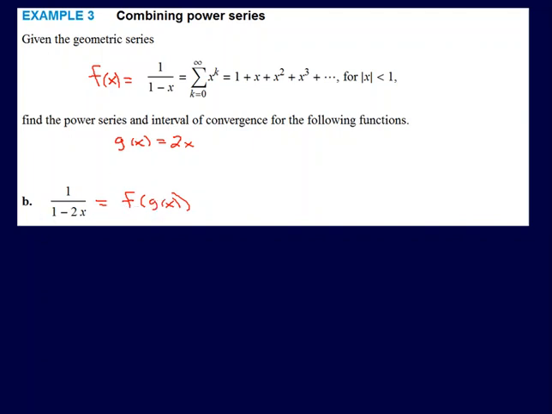And so the way this works is we can make that composition also into the power series for f of x. So how we're going to do this is this. Instead of writing the power series for the function f as 1 plus x plus x squared, I'm going to write it out and leave a little blank where the x would normally go, because it's going to be a composition where the quantity is now going to be changed to 2x.